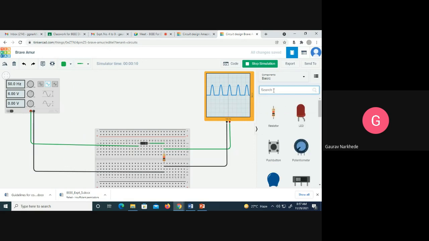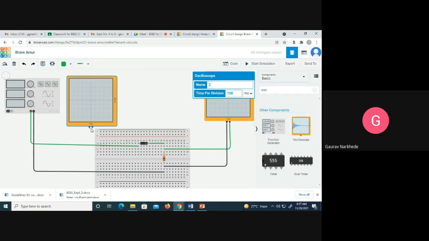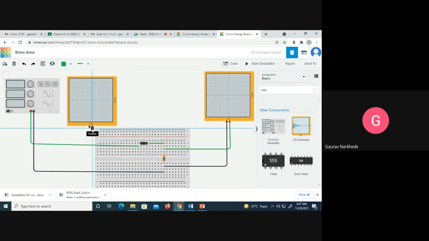You can use one more oscilloscope at the input. If you want to observe this waveform, you can just give this connection here.